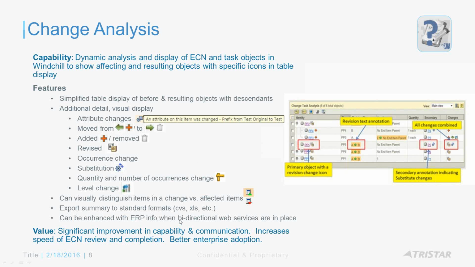This change analysis tab can also pull in information just like the portal from other systems. So we can pull in information from other systems like ERP systems to show information such as if there was a change to quantity or if there was a change to the version.